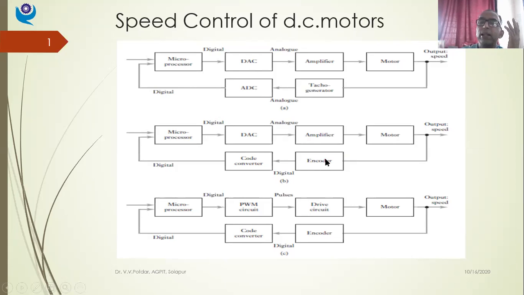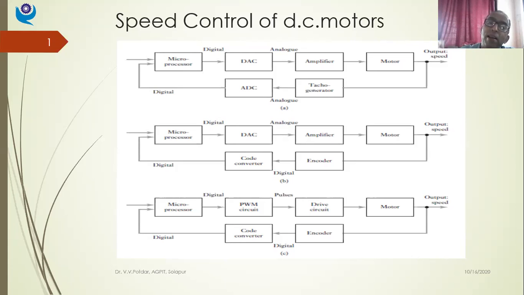If you remember, in the initial chapters, in the sensors and transducers chapter, we studied the encoder, the optical encoder. It is a graded plate connected to the output shaft, and I have the optical sensors. So the speed signal will be converted into an encoded digital signal.